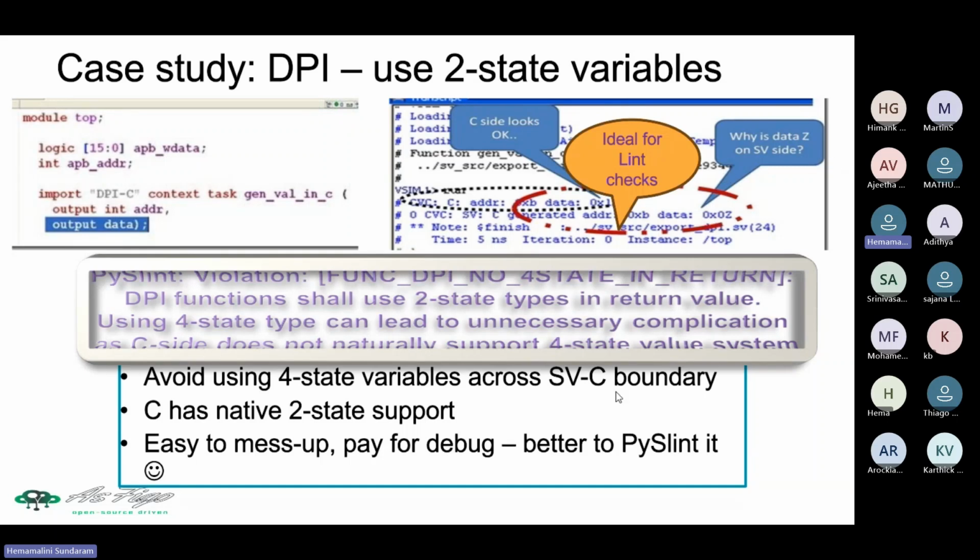And so the violation here is called function DPI, no four state in return. What we are trying to tell you here is to avoid four-state variables across the SV-C boundary, since C has native two-state support. Of course it's easy to mess up, and why pay for the debug when we are able to PySlint it and catch it early.